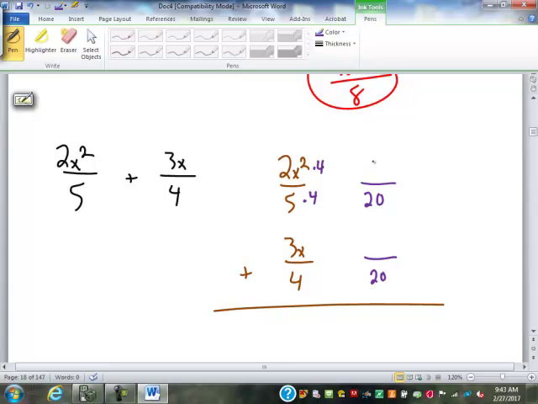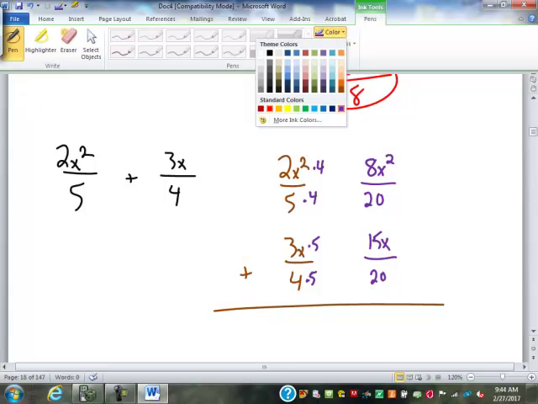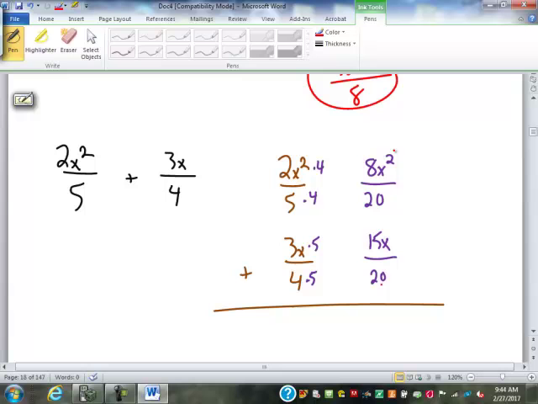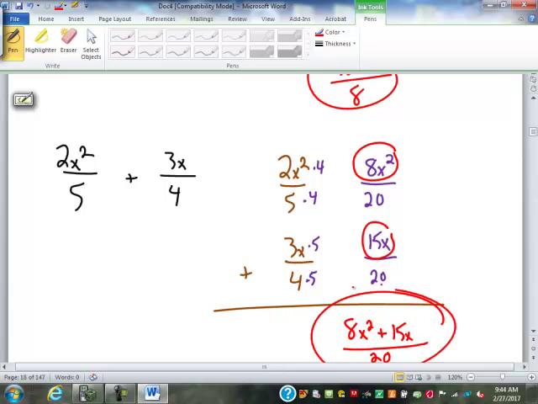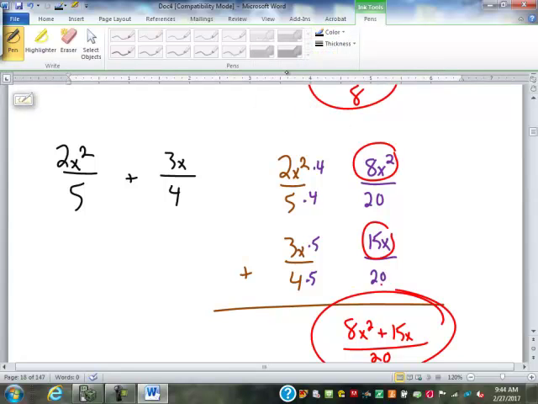What's 2x squared times 4? 8x squared. Good. What do we multiply the 4 by to make 20? 5. So we multiply the top by 5. What's 3x times 5? 15x. So again, we go to add. We've got common denominators, 20. What is 8x squared plus 15x? Once again, that's just 8x squared plus 15x. I can't combine those. It's over 20. So all I'm really doing is putting the two numerators together over the common denominator there. Any questions?